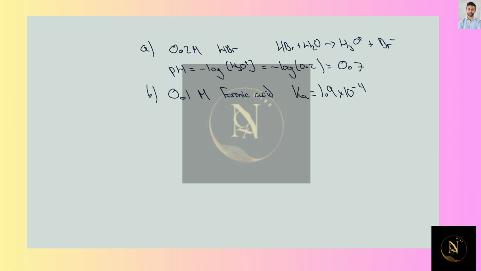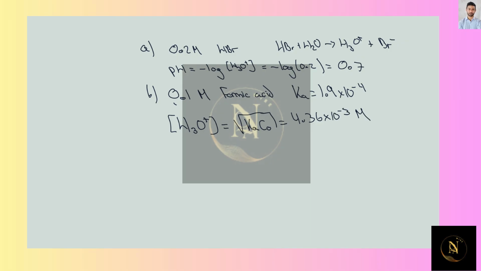So remember that the concentration of H3O+ for a weak acid, when the concentration is much larger than the value for the Ka, is going to be equal to the square root of Ka times C0. This is going to give us a value of 4.36 times 10 to the minus 3 molar.